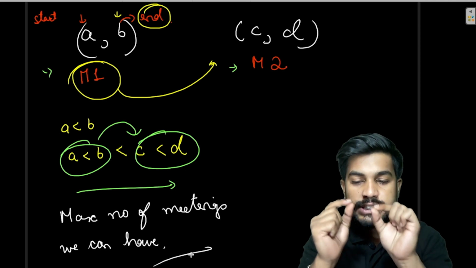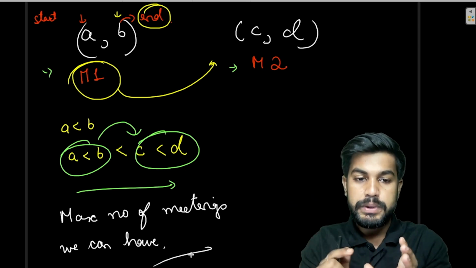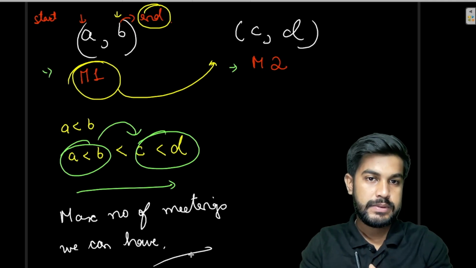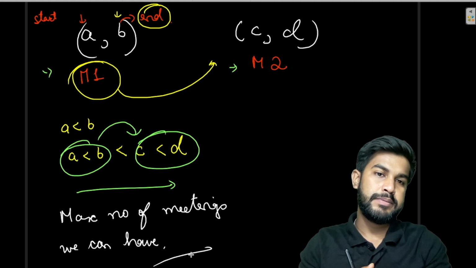So we need to select some of the meetings and it needs to be the maximum one. Okay. So now let us try to think about this problem.